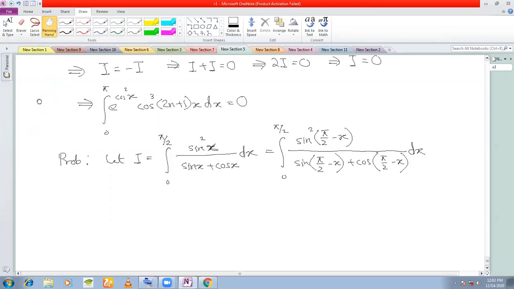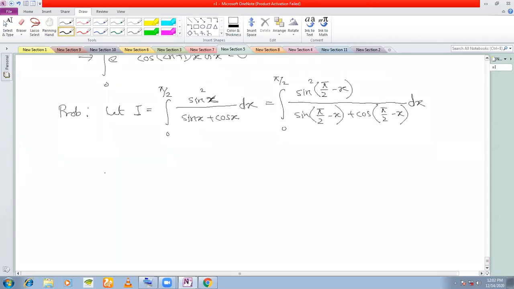Sine square of pi by 2 minus x will become cos square x simply. And sine of pi by 2 minus x will become cos x. And this will become sin x dx.